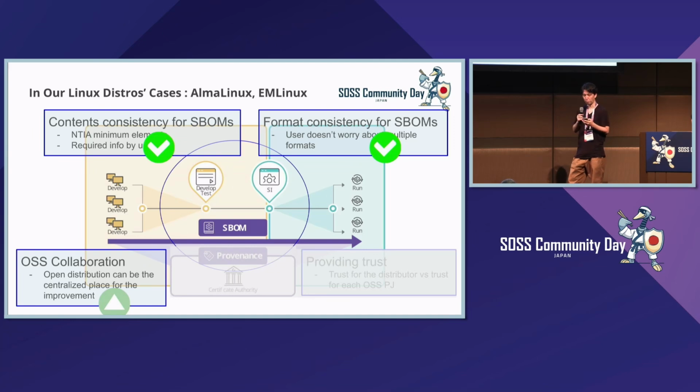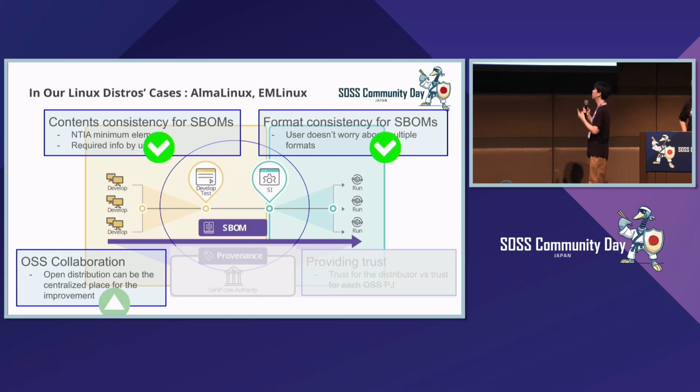Of course, we are providing an SBOM for every package and every update, and providing the SBOM in the same schema and the same format. And it's open source so we can collaborate, but currently not so many people are involved in brushing up the SBOM information, so we have to do more.